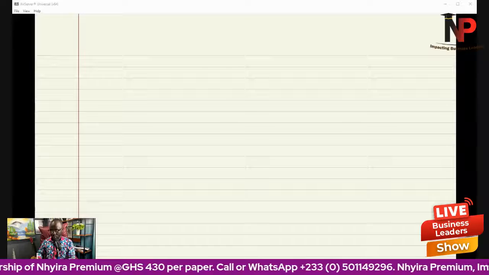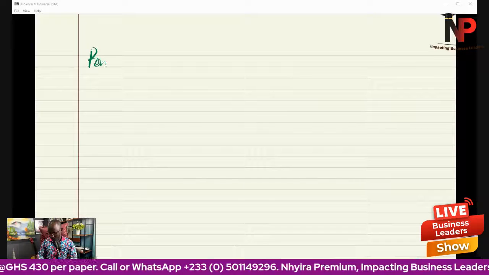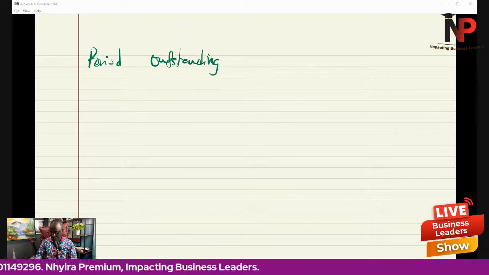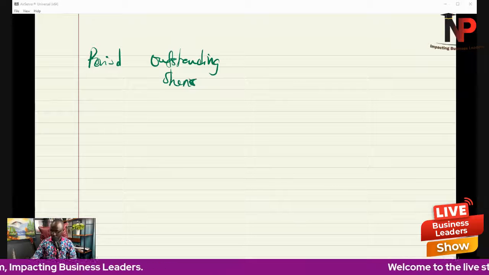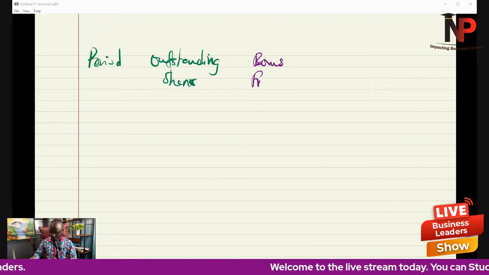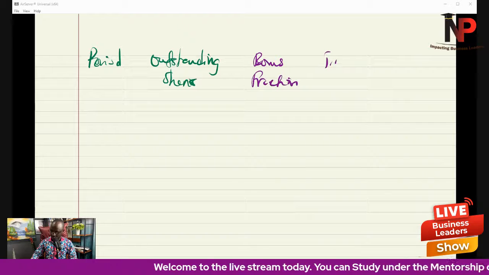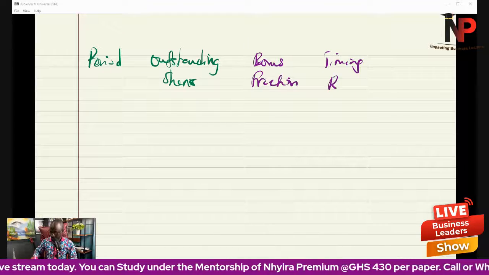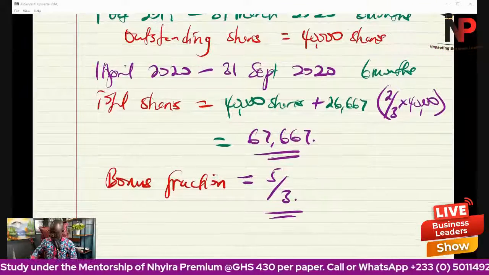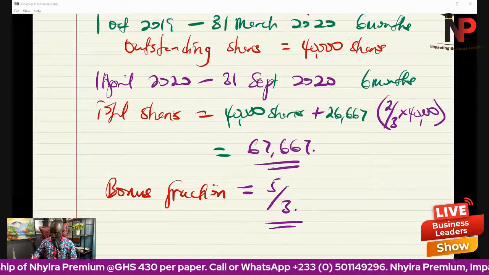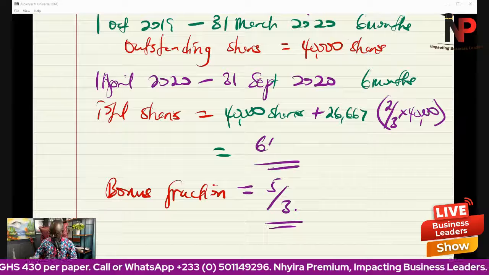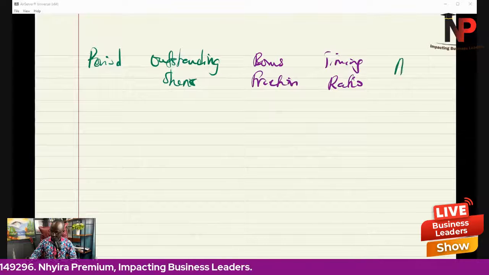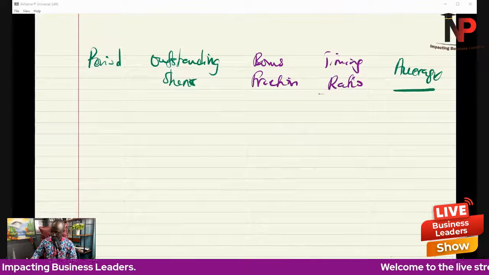So we're going to be putting periods here, the outstanding shares here, the bonus fraction here, and our timing ratio here. Then we're going to have the average in the last column.